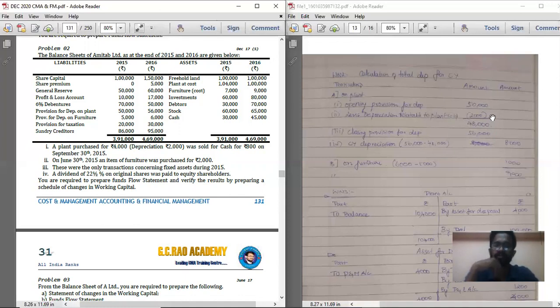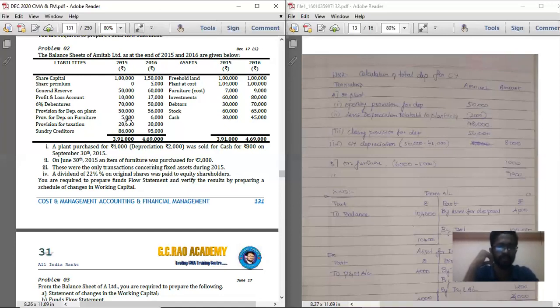Below that, capital B, on furniture. See here, in the current year they didn't tell any amount for any furniture which has been sold. If it has been sold, then only we can find the profit or loss, and depreciation related to that should be taken off from the provision for furniture. Whereas here only purchase has happened.